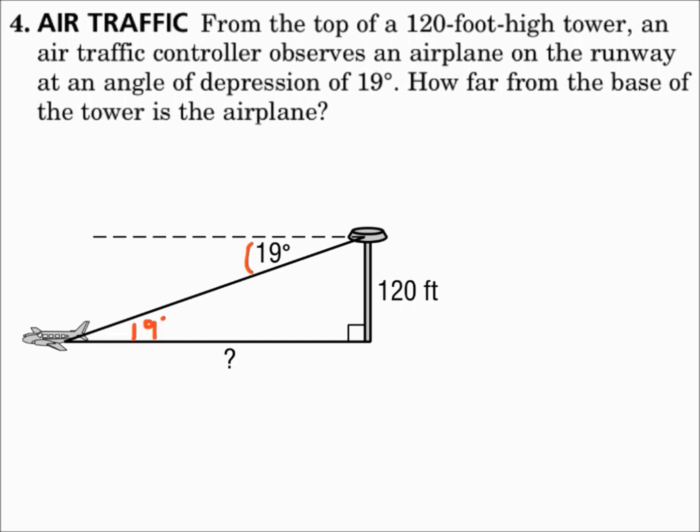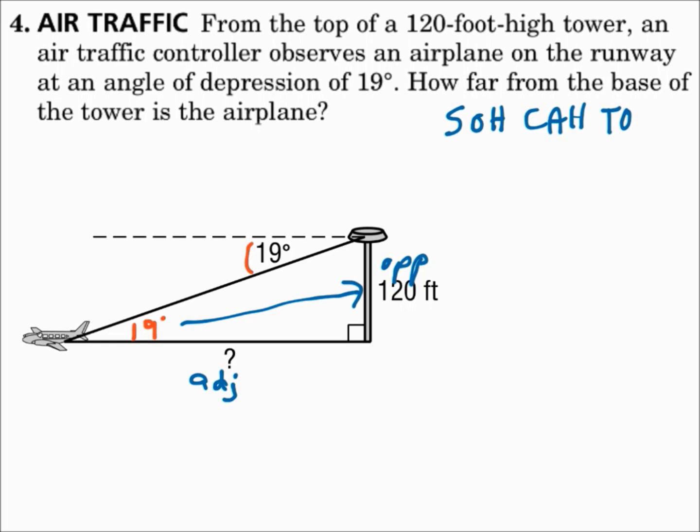Identify the sides. The side across from our acute angle is the opposite side, and the leg next to the angle is adjacent. Do I use sine, cosine, or tangent? Since I have opposite and adjacent, I'll use tangent. Tangent theta equals opposite over adjacent.